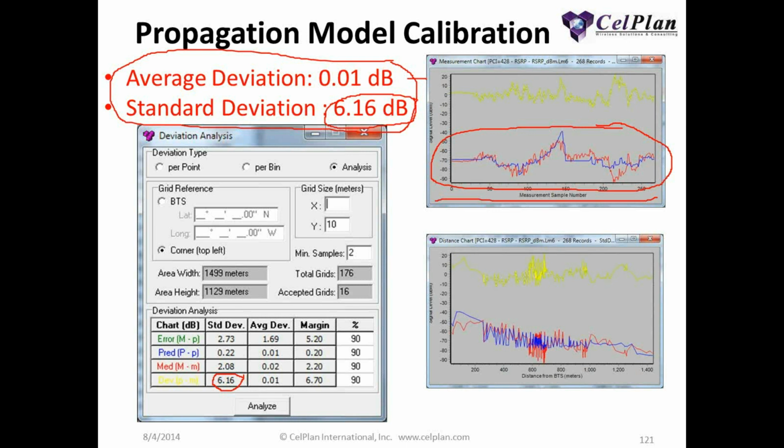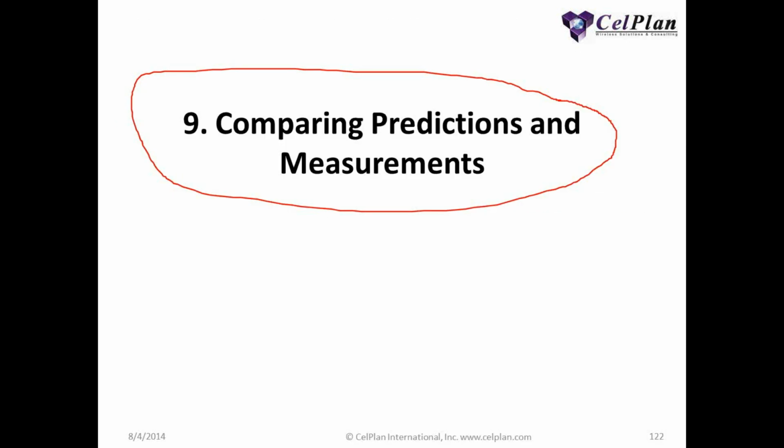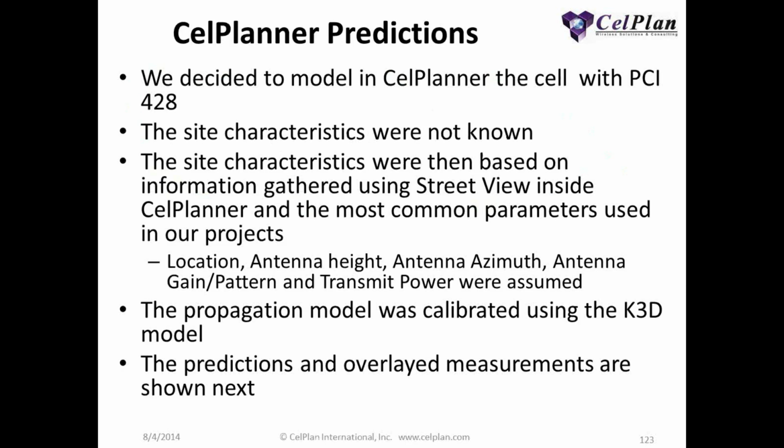After we calibrated, the parameter we used was RSRP. After calibrating, we did a prediction. We wanted to predict the cell for PCI 428. We didn't know the site characteristics, so we went into our tool and opened Street View, looked at the tower, and gave an estimate of the antenna height.